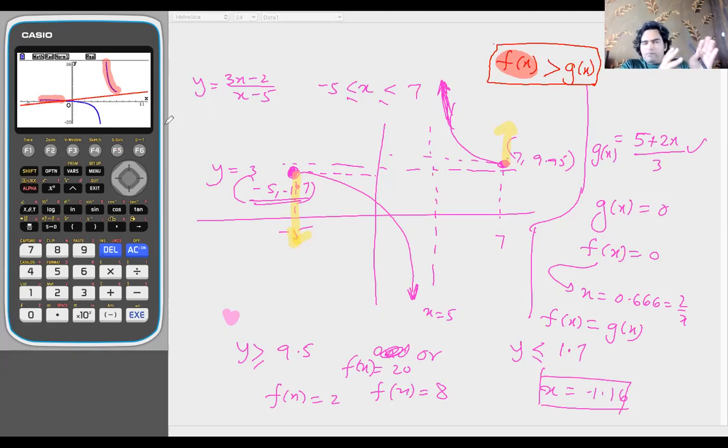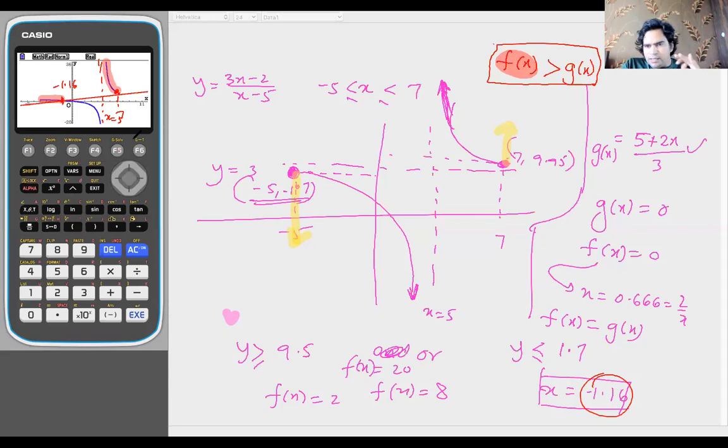Between this point, whatever I'm finding out, this point is -1.16 because that was the intersection. So -1.16 was this coordinate, and this coordinate was obviously 7, we know, and this will be a vertical asymptote at x equals 5. So when I solve this inequality, you can see the red part is the only part where the graph is above the g of x graph.